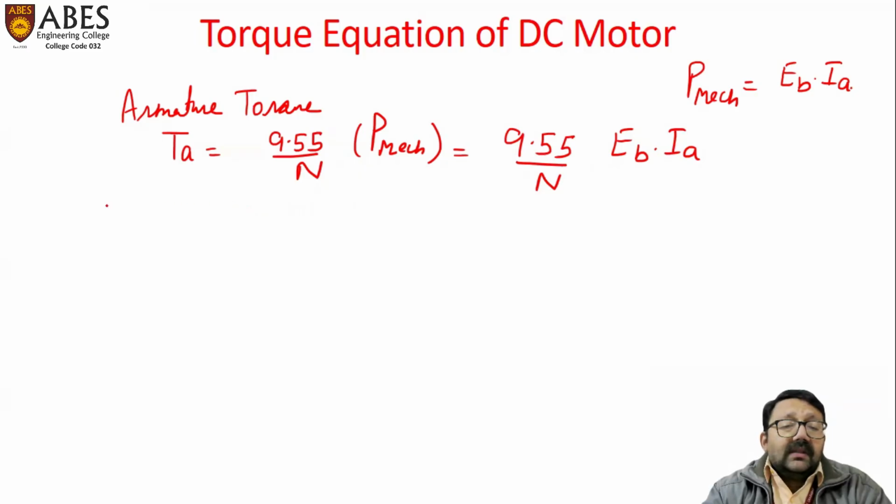We all know the back EMF of a motor is given by the relation P phi Z n upon 60A.